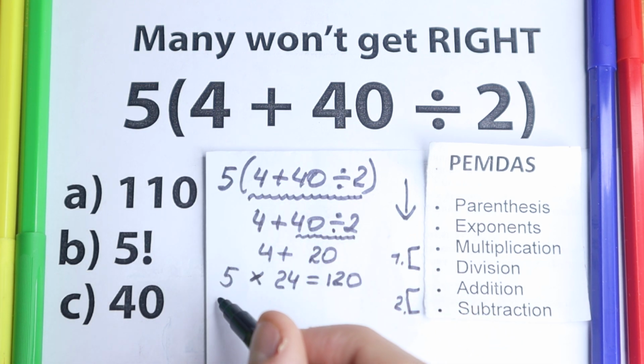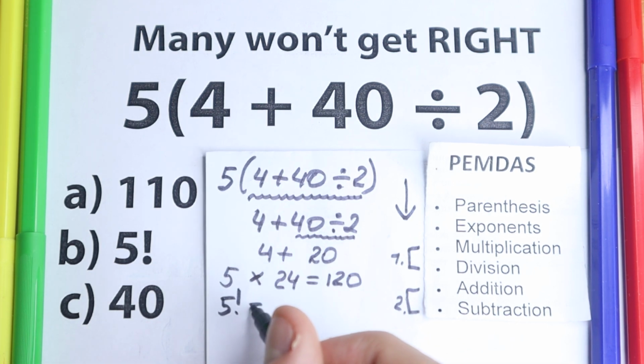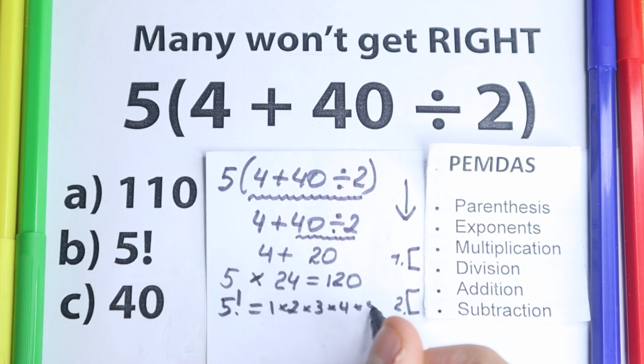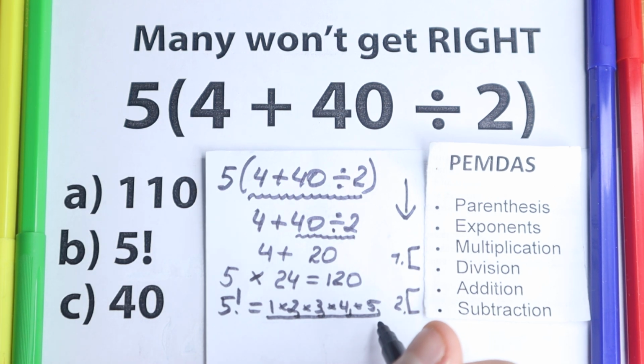But if you look at this 5 factorial, it is a very important and interesting moment. If we check this 5 factorial, we have 1 times 2 times 3 times 4 times 5: 1 times 2 is 2, 2 times 3 is 6, 6 times 4 is 24, and 24 times 5 equals 120.